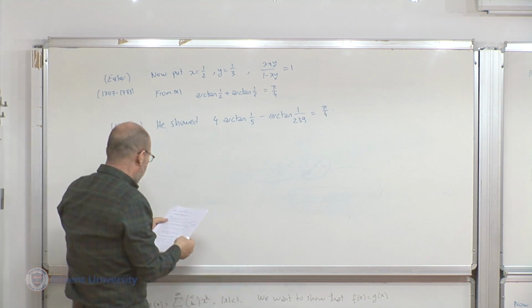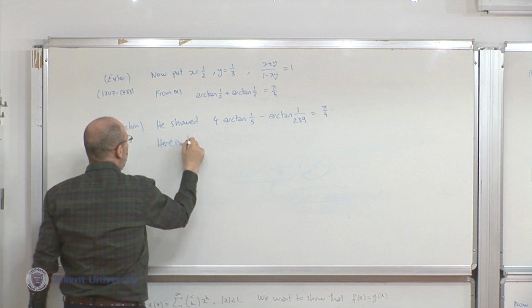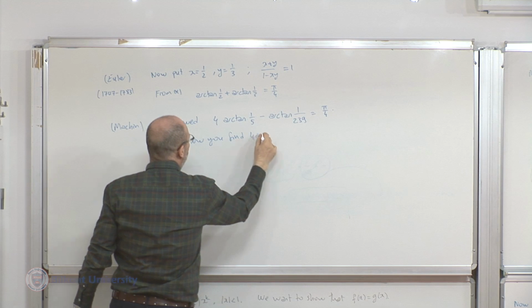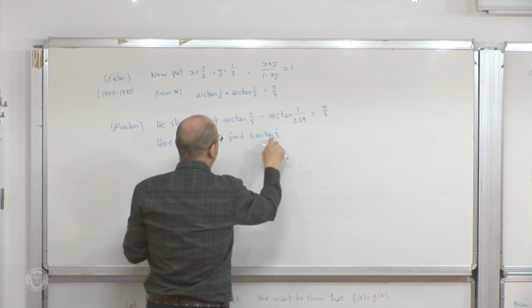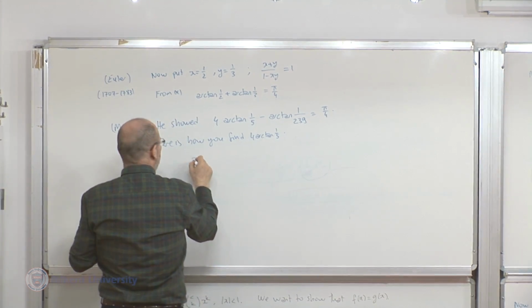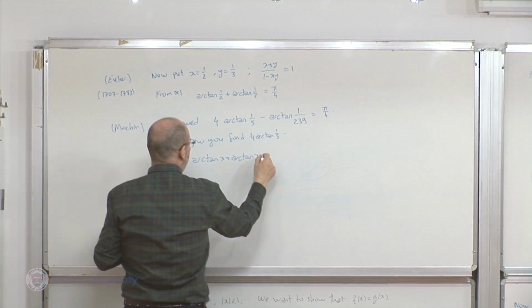But here is how you find 4 arctangent 1 over 5. Okay, so you put these numbers in. Start with arctangent x plus arctangent x.